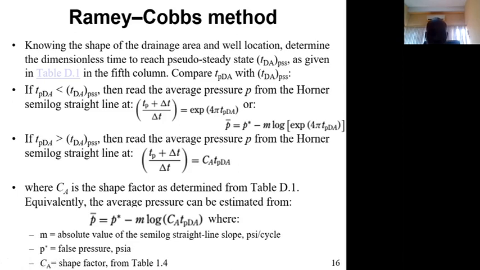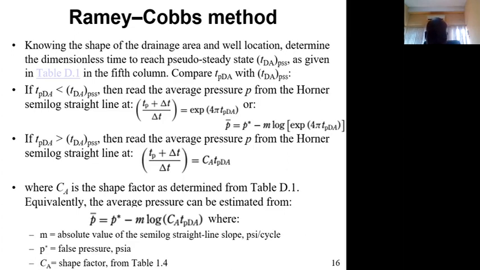So the essence of determining the dimensionless time to the steady state from table D1 is to compare that value to the dimensionless producing time you calculate from your own data. A comparison of the two values, that's the dimensionless producing time and the dimensionless time to reach the steady state, can result in two scenarios.